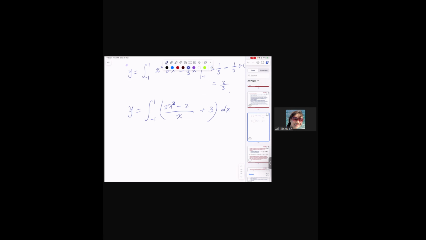But is that 2x squared or 2x cubed? Square. Okay, time's up.